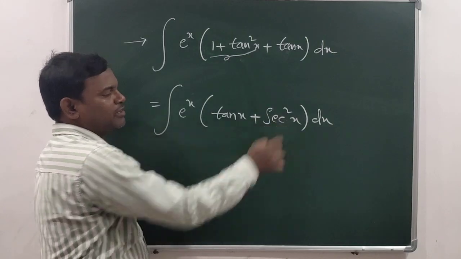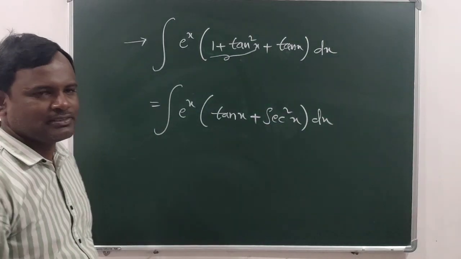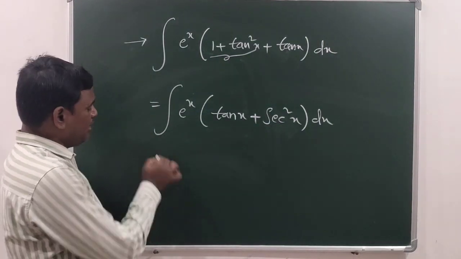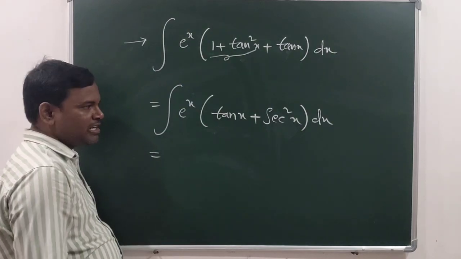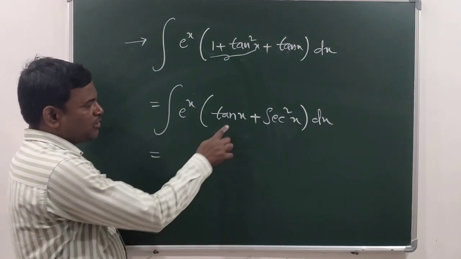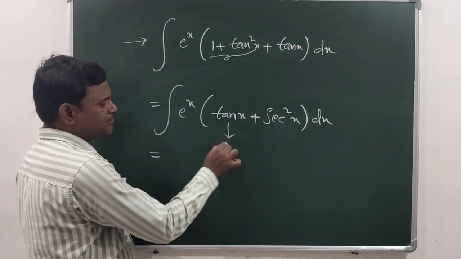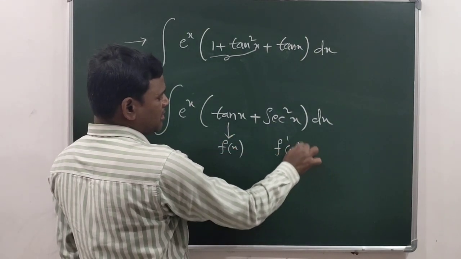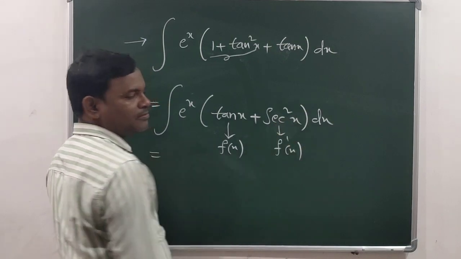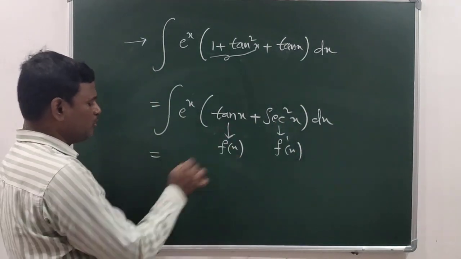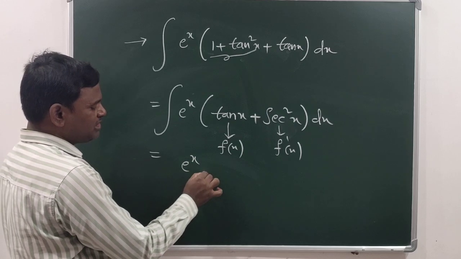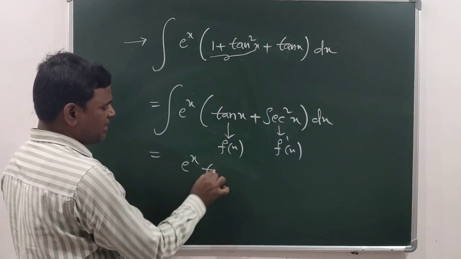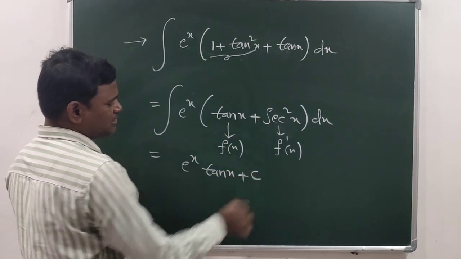In place of that, you can write secant square x. Now, compare this one with that standard integral formula. Let us consider this is f of x, and whose differentiation is secant square x. Hence, whose integration will be e power x into f of x. What is f of x here? Tan x plus c.